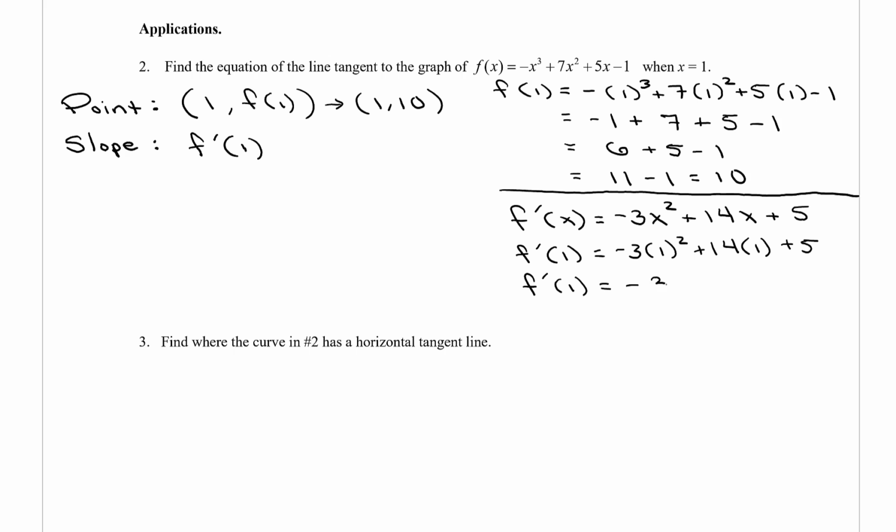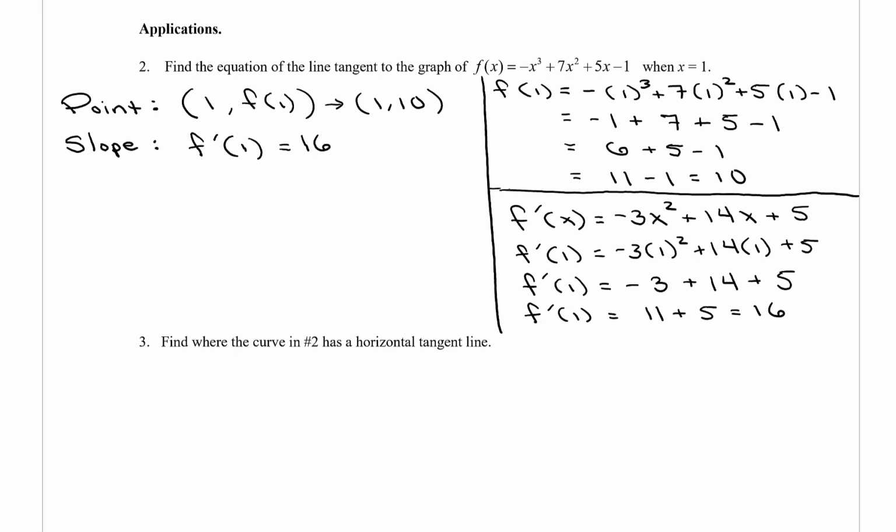So f prime of 1 is equal to negative 3 plus 14 plus 5, and f prime of 1 is equal to 11 plus 5, which is equal to 16. Therefore, f prime of 1 is equal to 16. That's our slope of our tangent line.